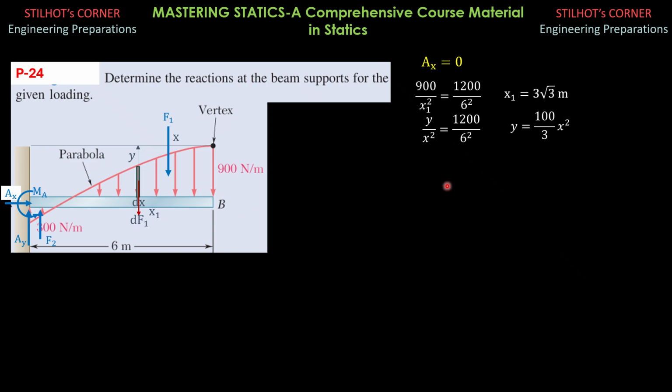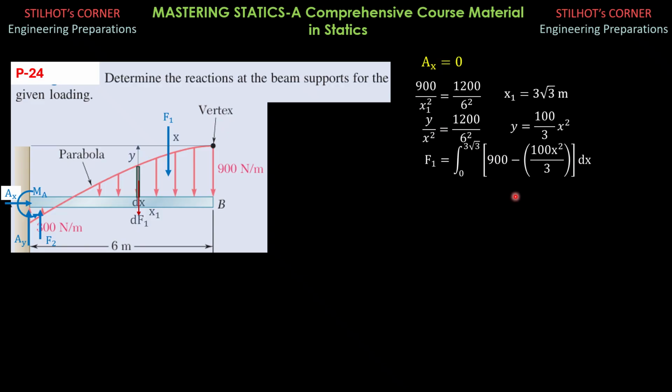So let's continue. F1 is the integral of this differential area, which is 900 minus y, the height, and the thickness is dx. Take note, this is the differential area of this strip. Height, which is 900 minus y, that's the height of that strip, and the thickness is dx, evaluated from 0 to x1, 0 to 3 square root of 3.